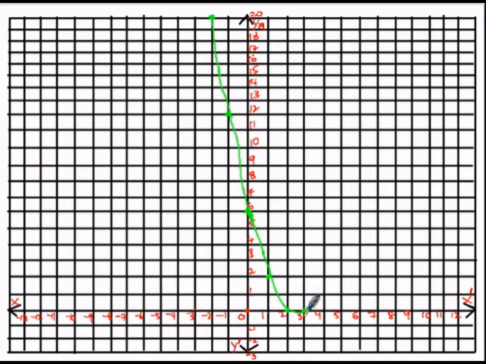Here this curve lies in the second quadrant, first quadrant, third quadrant, and the fourth quadrant. We can mention this as quadrant number 1, that is Q1, this as quadrant 2, this as quadrant 3, and the fourth quadrant. So the curve y equals x square minus 5x plus 6 lies in all four quadrants.